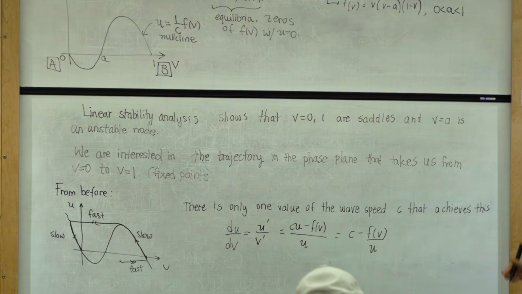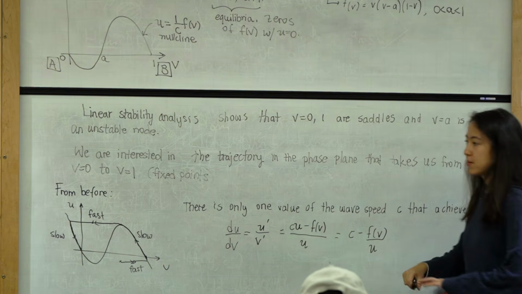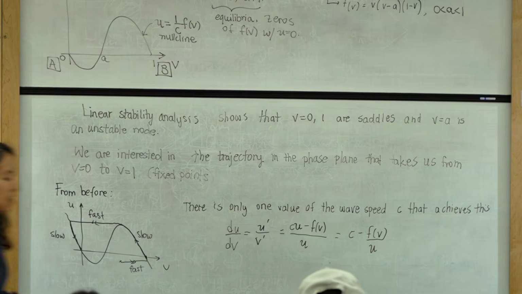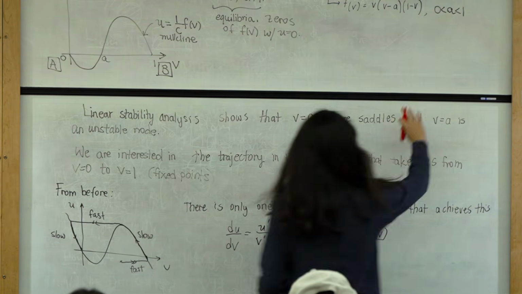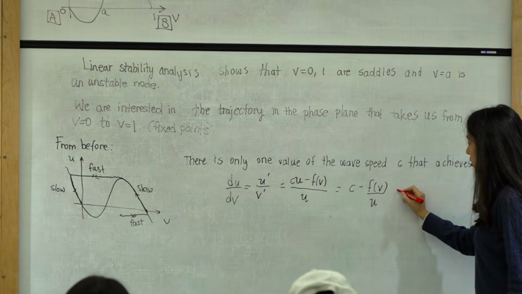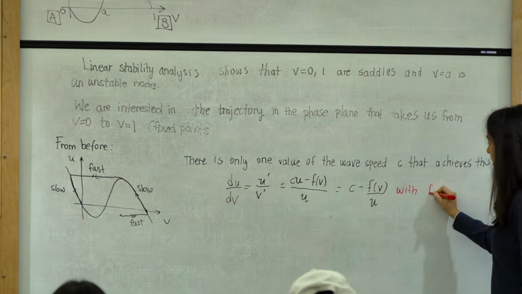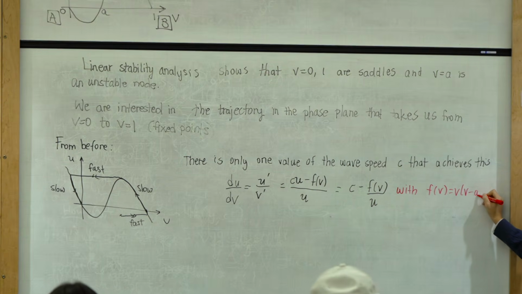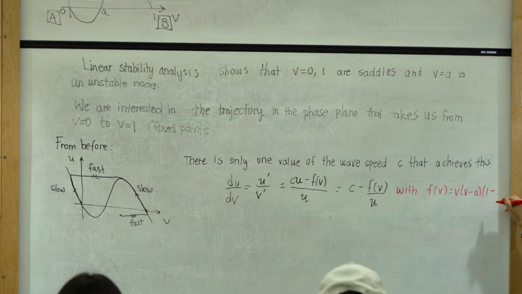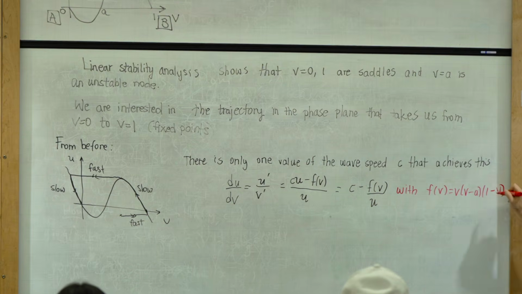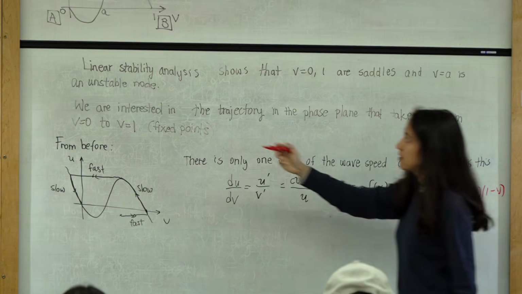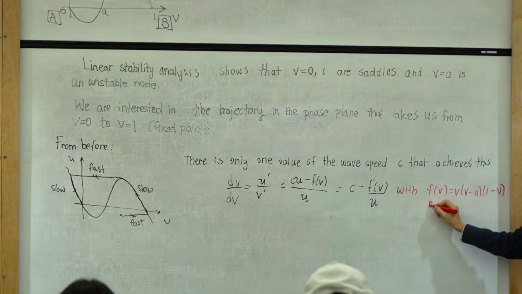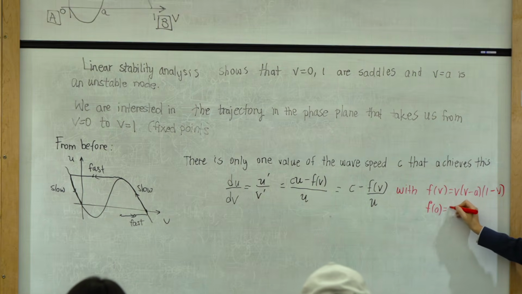Okay? But you know exactly what f of v is. You remember f of v was v times (v minus a) times (1 minus v), this cubic. So if I look at what is happening at v equal to 0, what is f of v at 0? It's just 0.